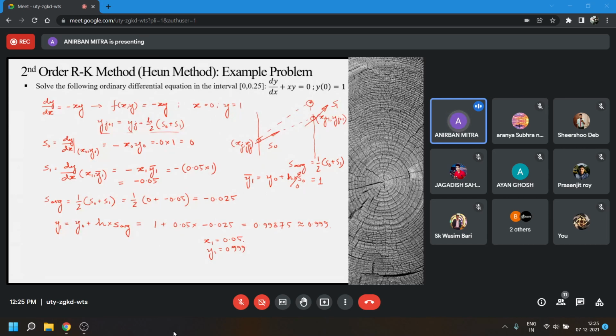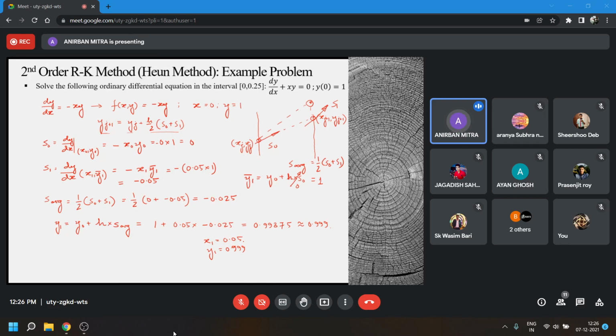If you think back to the Euler method, you will probably remember that at the end of this particular step, we had obtained y1 as equal to 1.